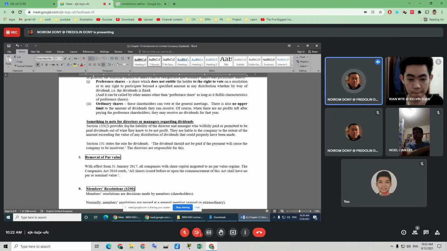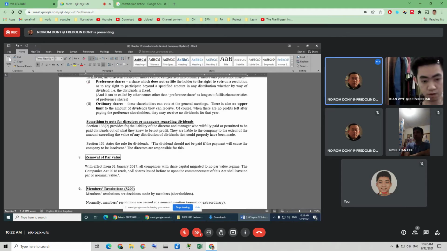If it is long term, the investor will decide to invest in ordinary share. But for short term, the investor would like to invest in preference share because they can get a fixed dividend every year.